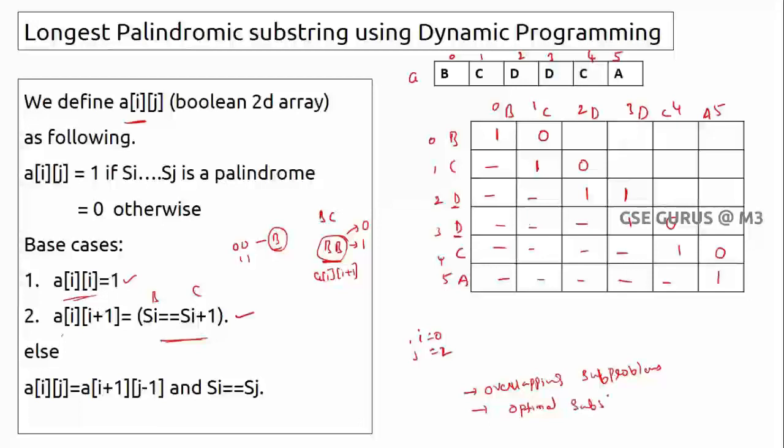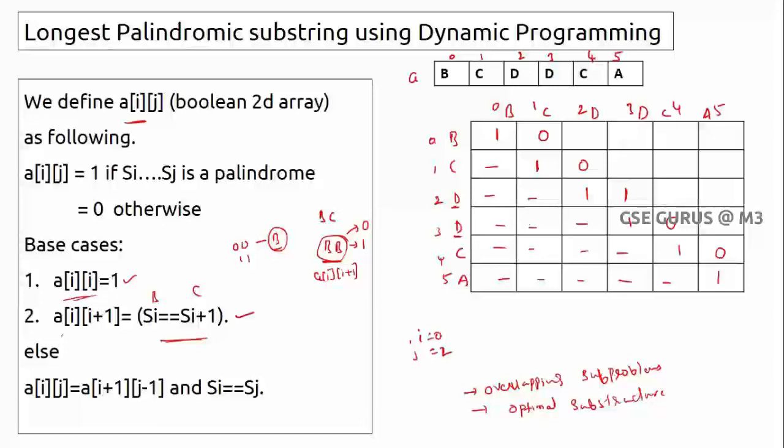So the optimal value you have to get from the previous one. So these two things you can go for dynamic programming. So that's what happens here. So 0 to 2, in order to get A of i j, you are going to the previous one. What is that? i plus 1 comma j minus 1. So that means when you want to check for B to D, go forward and come back to the last one.